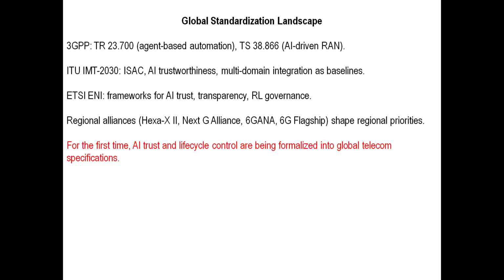So there are some initiatives already, right? To summarize what is being done: 3GPP, ITU, and ETSI, and regional alliances like the Next G Alliance in the US, and in Asia and Europe and other continents there are regional alliances. So AI trust and lifecycle control are being formalized into global telecom specifications. Even with the specifications that we have seen, we have a well-organized set of specifications.